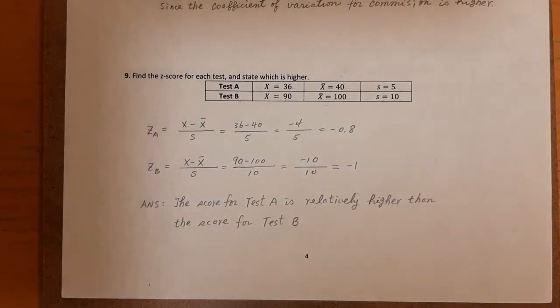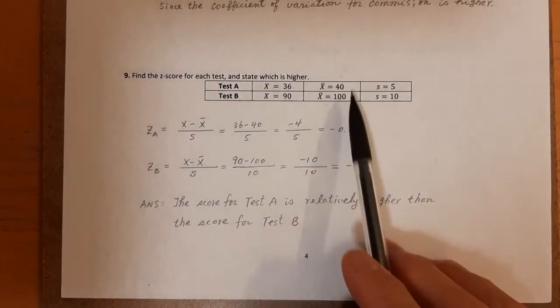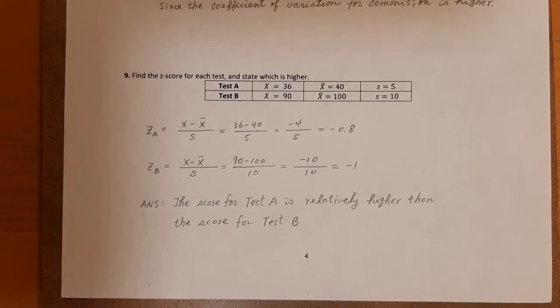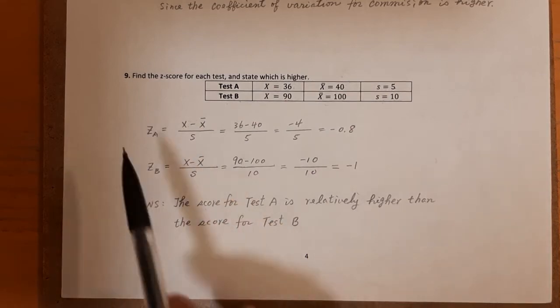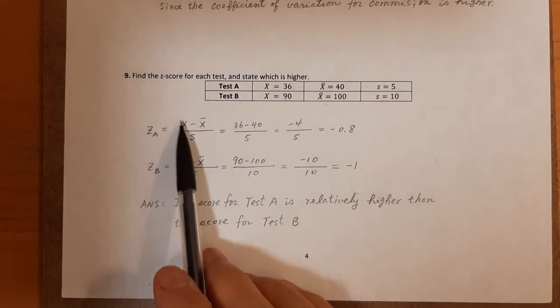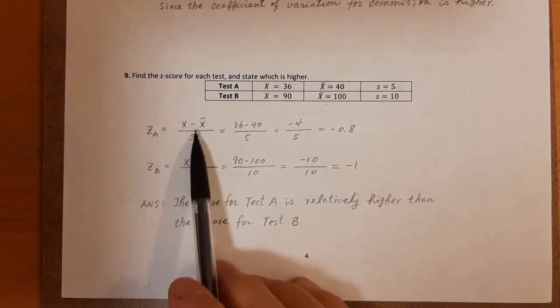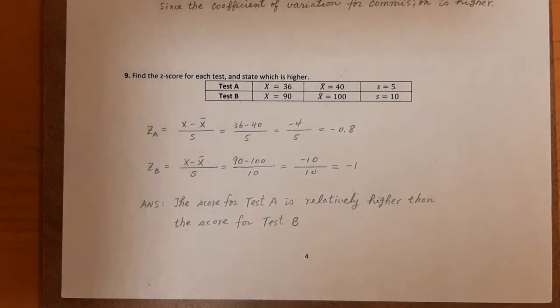But you cannot compare like this because they have different means. So we have to standardize, find out the z-score. So the z-score formula is the value minus the sample mean, divided by the standard deviation s.